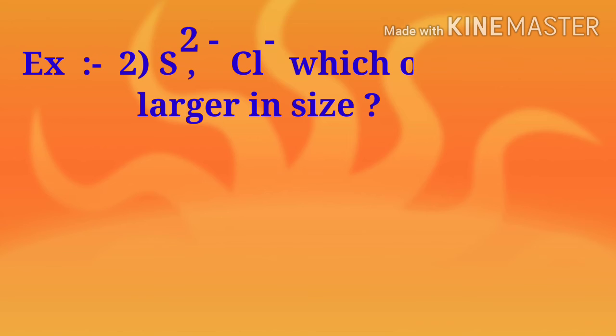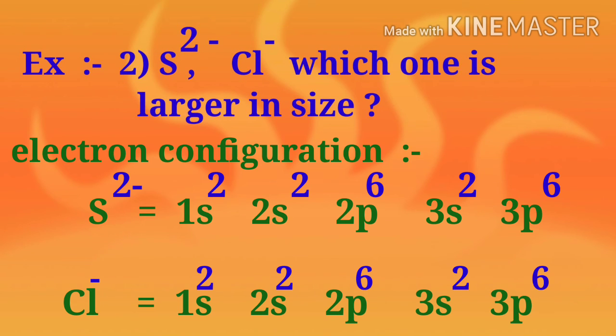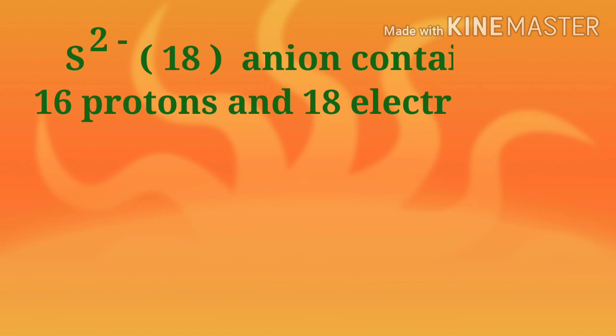Second example, sulfur anion, chlorine anion, which one is larger in size? We can see the electron configurations of sulfur anion and chlorine anion. Sulfur anion contains 16 protons and 18 electrons.